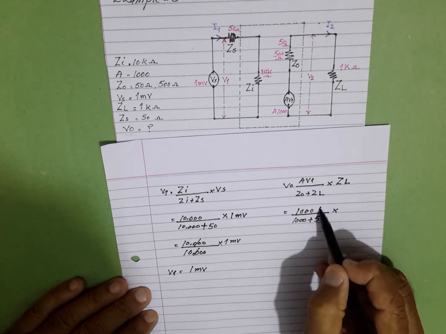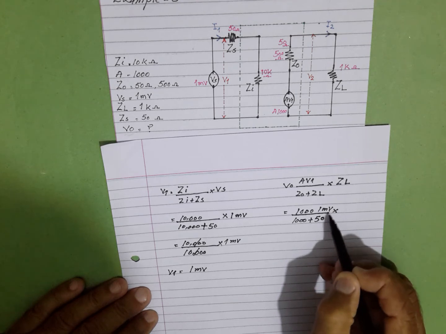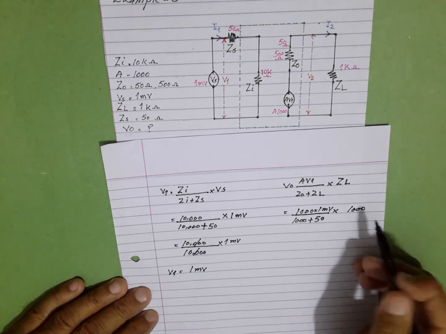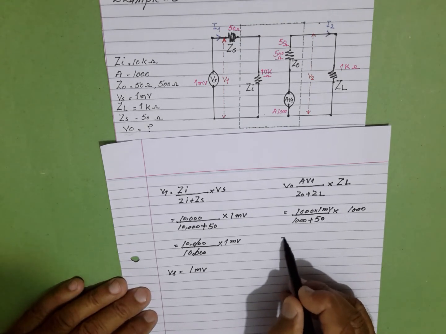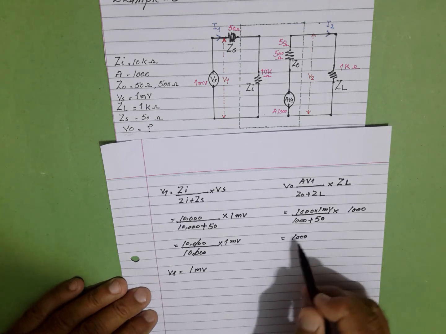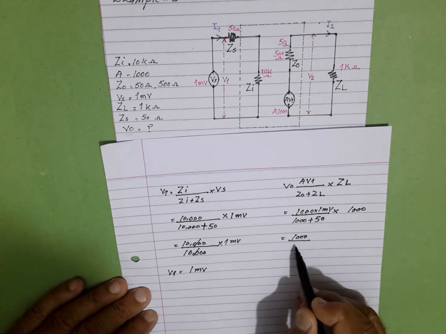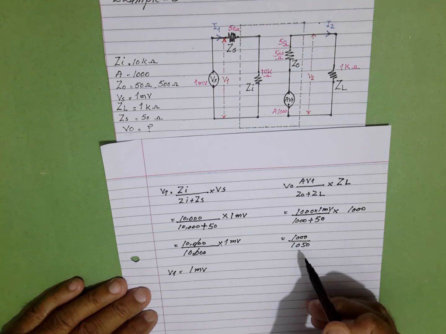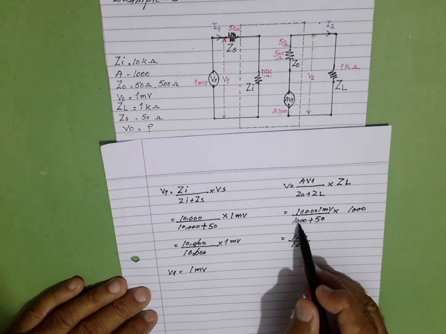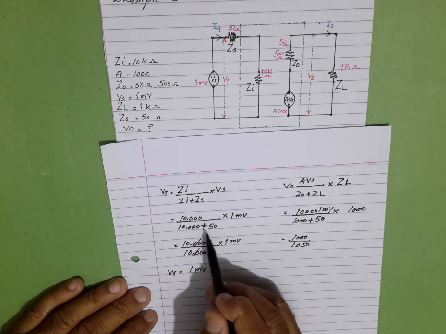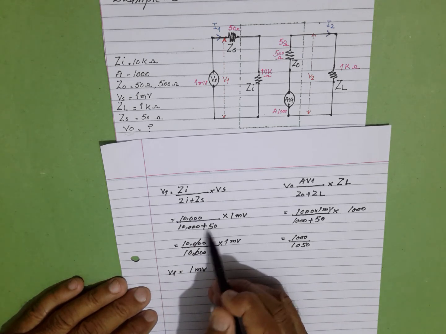V1 is 1 millivolt, ZL is 1000. This can be written as 1000 divided by 1050, because 1000 plus 50 is 1050, but in the earlier case it was 10,000 plus 50, and that 50 could be neglected.